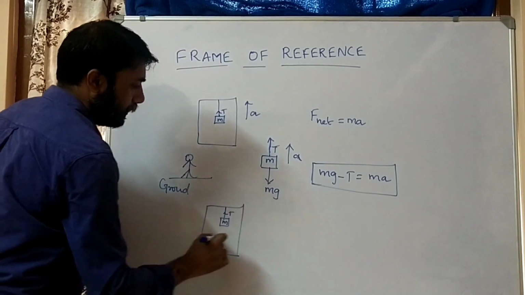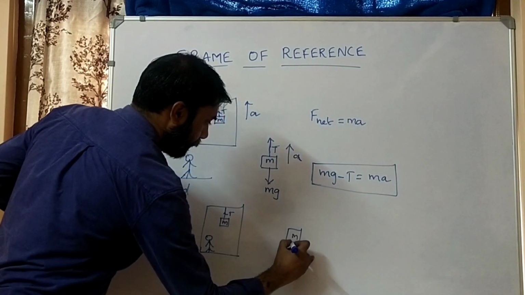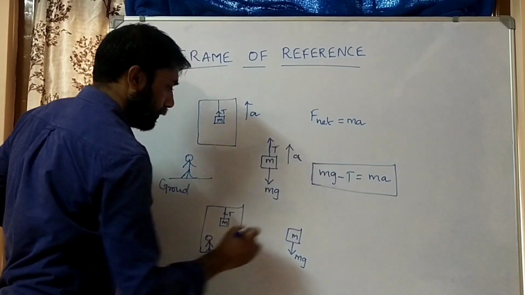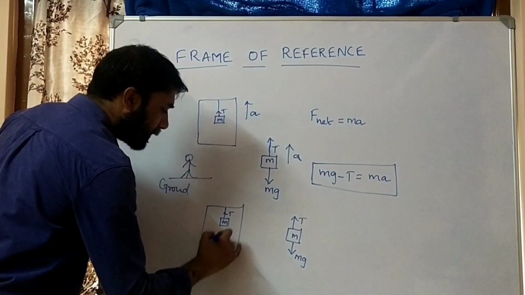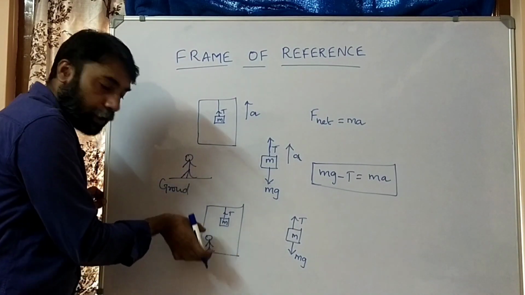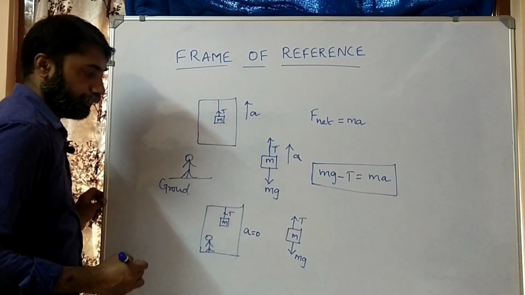The tension will act upward, T, and the weight mg. And what is the acceleration with respect to us inside this particular lift? The acceleration a will be 0.